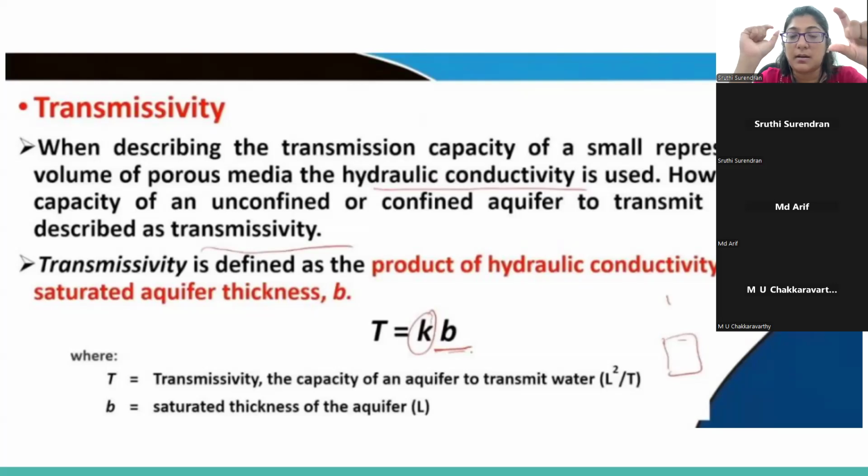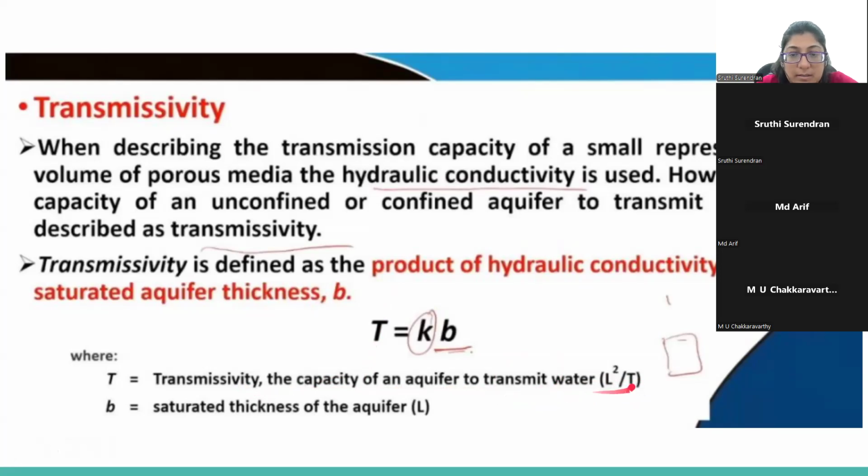So here, the main parameters that come into play are the hydraulic conductivity and thickness of the aquifer. And if you notice, transmissivity comes in the dimension L square by T, where L is the dimension associated with length and T is the dimension associated with time. So it will be in the unit of centimeter square per second or meter square per second or centimeter square per hour or meter square per day, whatever it is.